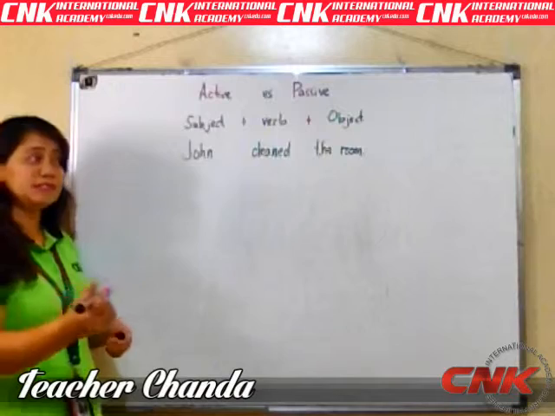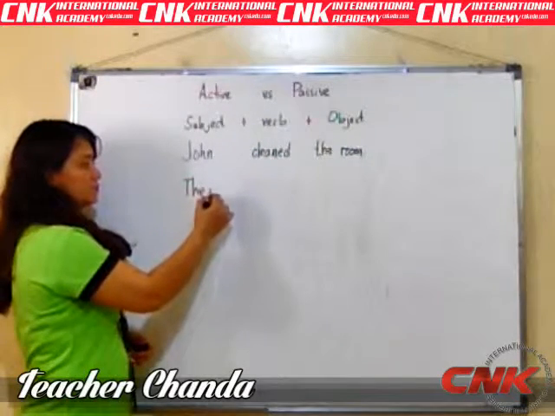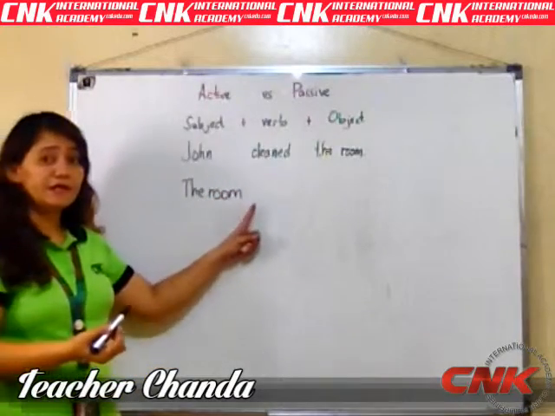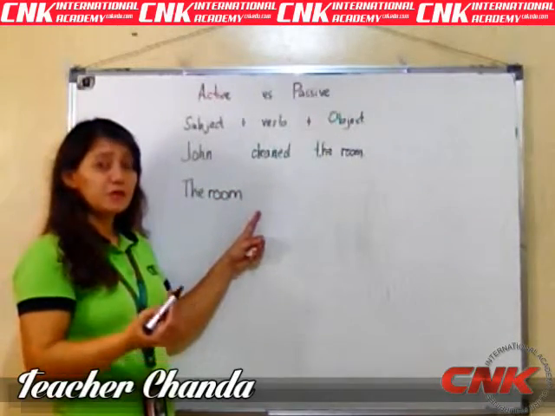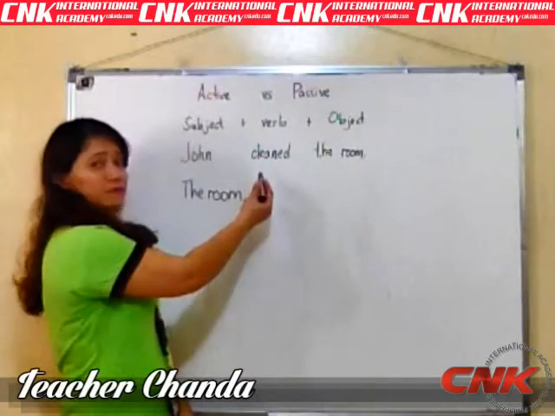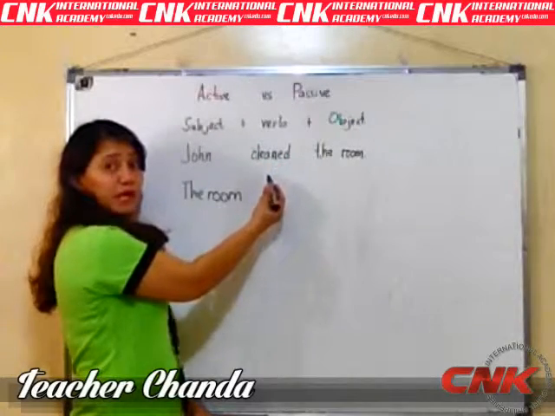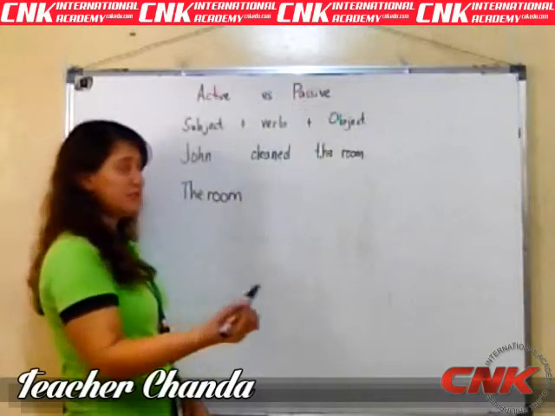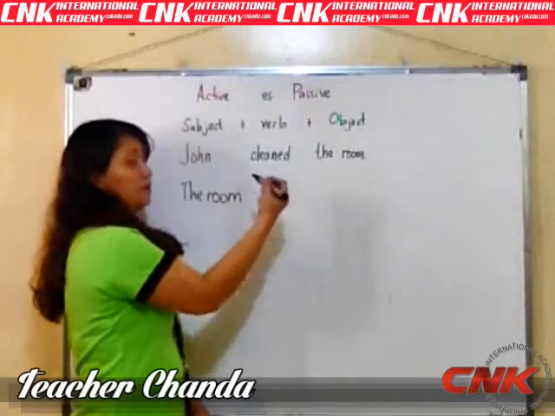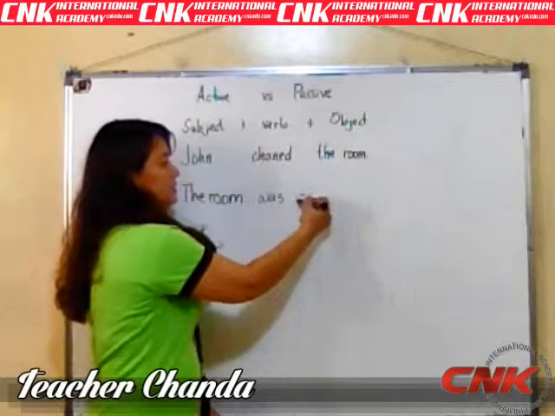For example, we will say, the room, and then the verb, and we have to use the be verbs with the verb. Like here we use the past form, so we have to use was for singular, plus the past participle form of the verb, clean.